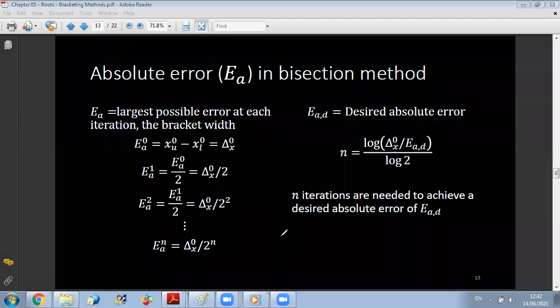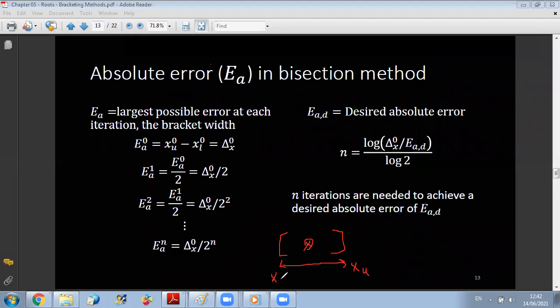Because look, whenever you know that your root is somewhere in this bracket, already you have a certain margin for error. The maximum possible error that you can have in estimating the root will be the length of your interval, okay, which is x upper minus x lower.